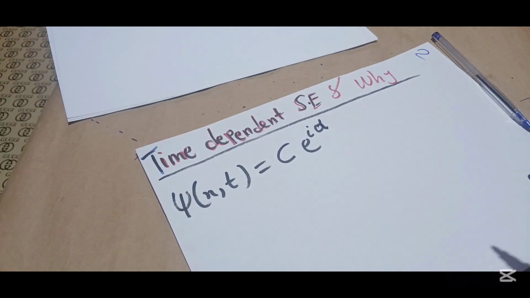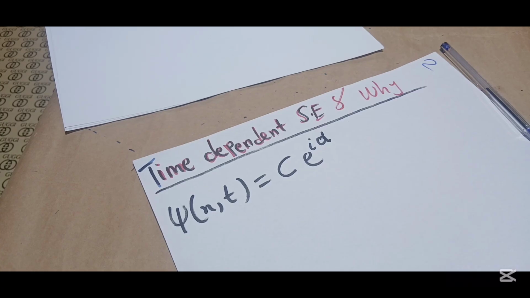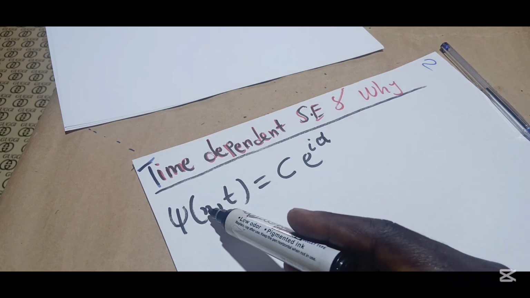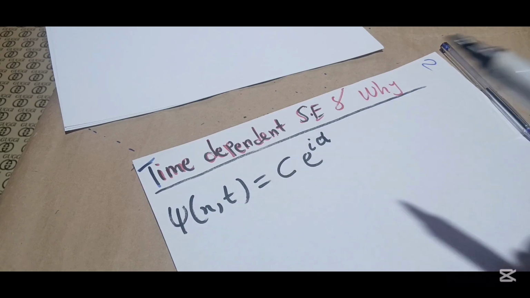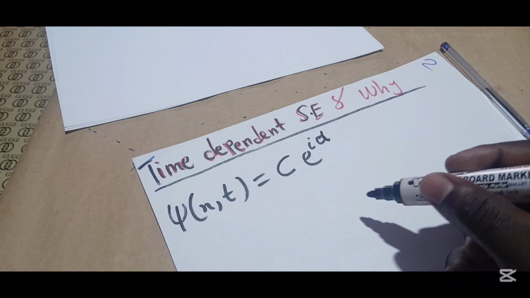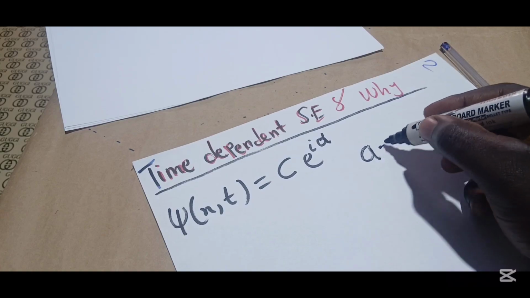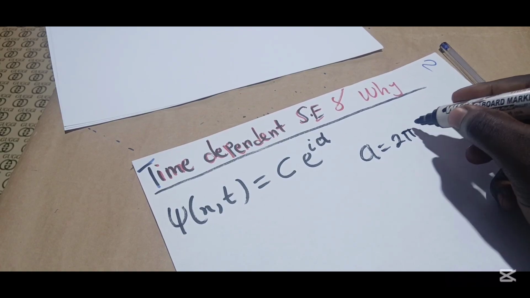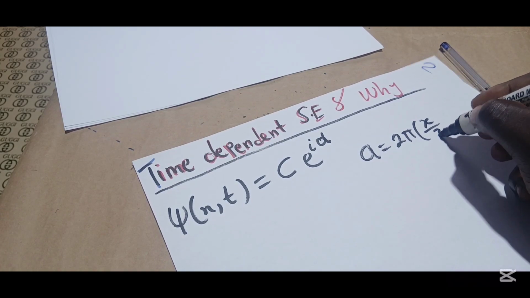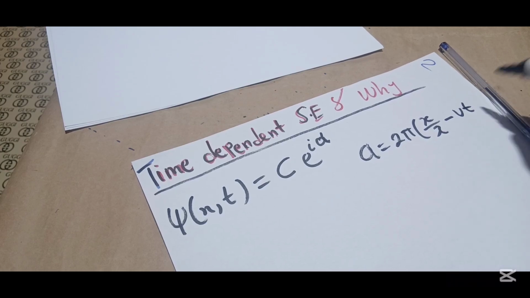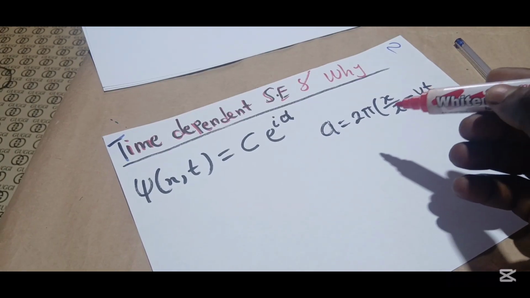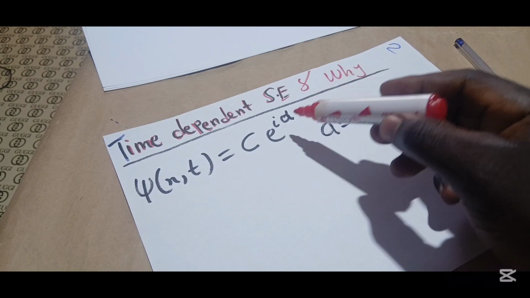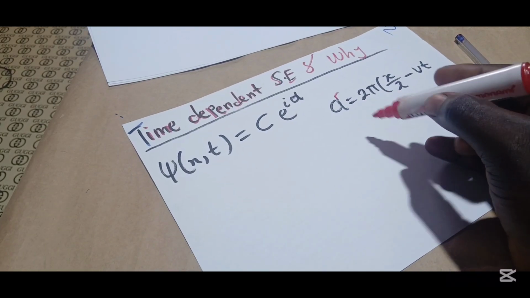This is a general solution of an electromagnetic wave, where psi is a function that describes the behavior of the electron, and it is a function of distance x and time t. We said our alpha equals 2 pi into bracket x over lambda minus vt. If we substitute the value of alpha into the wave function, our wave function becomes this.